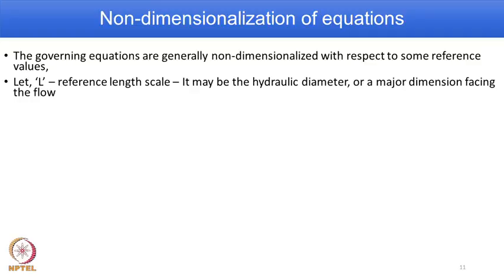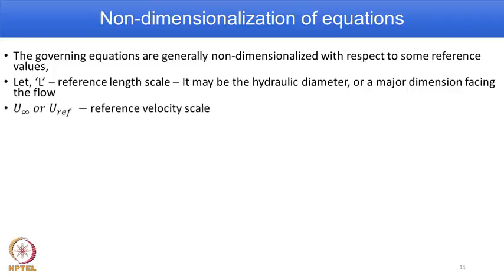If you consider flow through a rectangular cross section pipe, then the hydraulic diameter, which is defined as 4A by P, where A is the area and P is the perimeter, can be a length scale. If you consider flow over an aerofoil, the chord length can be a length scale. So, one needs to identify which is a major influencing length scale in a problem. It may vary from problem to problem.